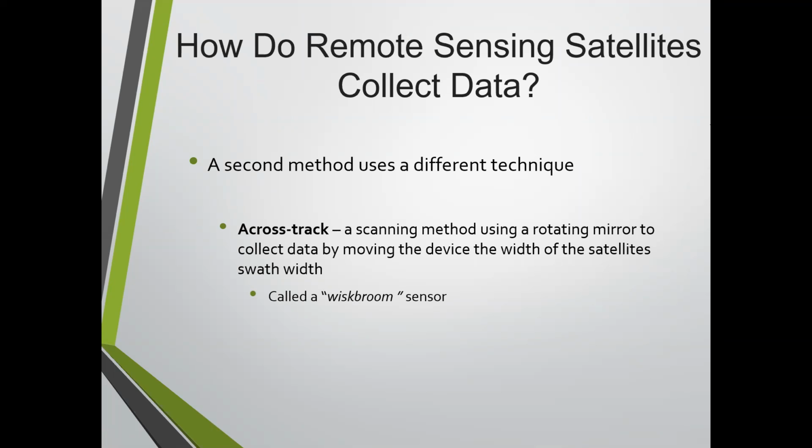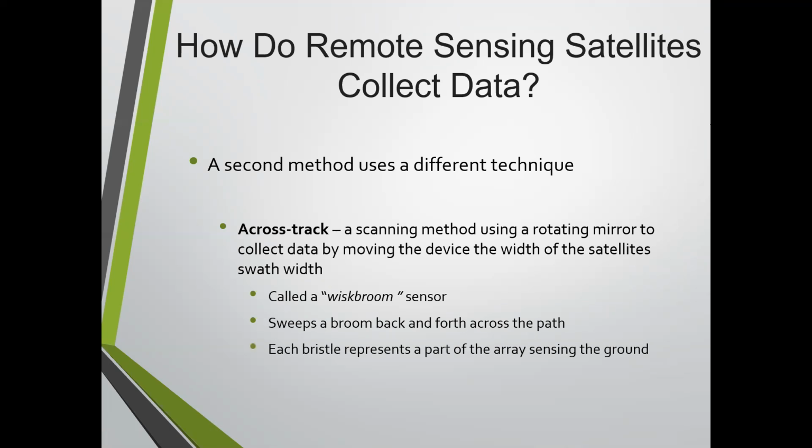The whisk is the motion left and right, and it's going with the path of the satellite, so it's got the two motions. You can think of the broom going back and forth across the path, perpendicular to the direction, and each bristle in the broom represents an array within the sensor itself.